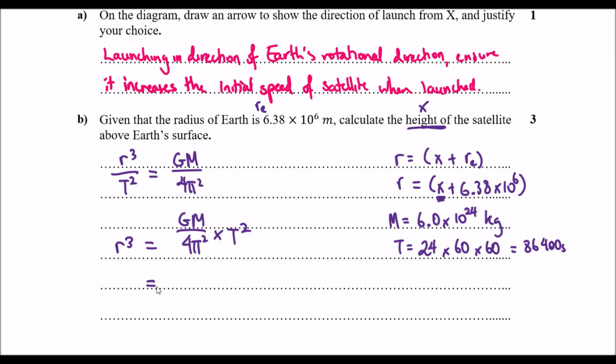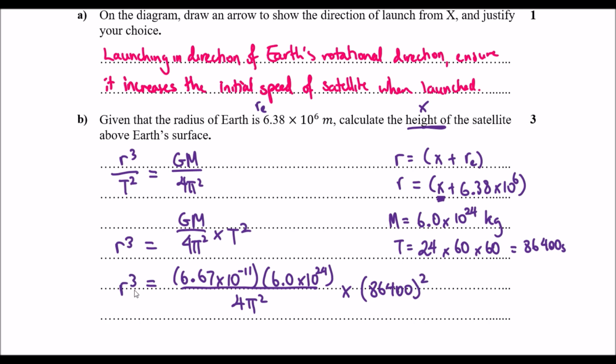So I know that big G is the gravitational constant, which I didn't write down, my apologies. The mass of the Earth, divided by 4 pi squared, and then multiplied by the time squared. And we're still dealing with r cubed.